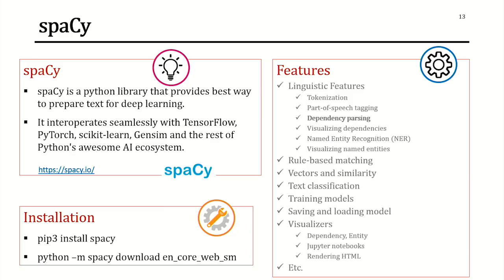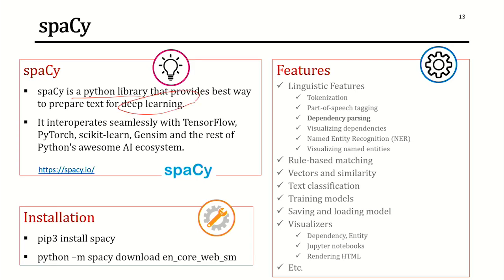Next, we come to the second library. This is called spaCy. Actually, we have also tried several programs using spaCy in the previous lectures. spaCy is a Python library that provides the best way to prepare text for deep learning.